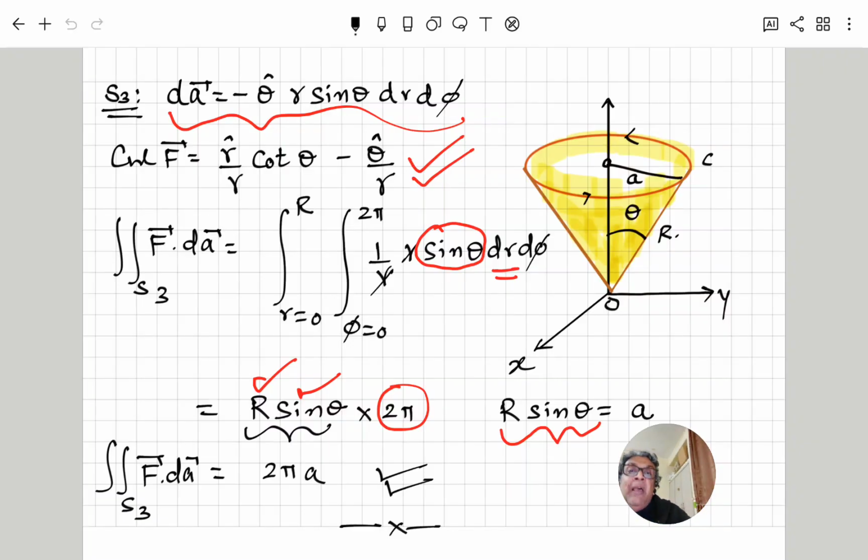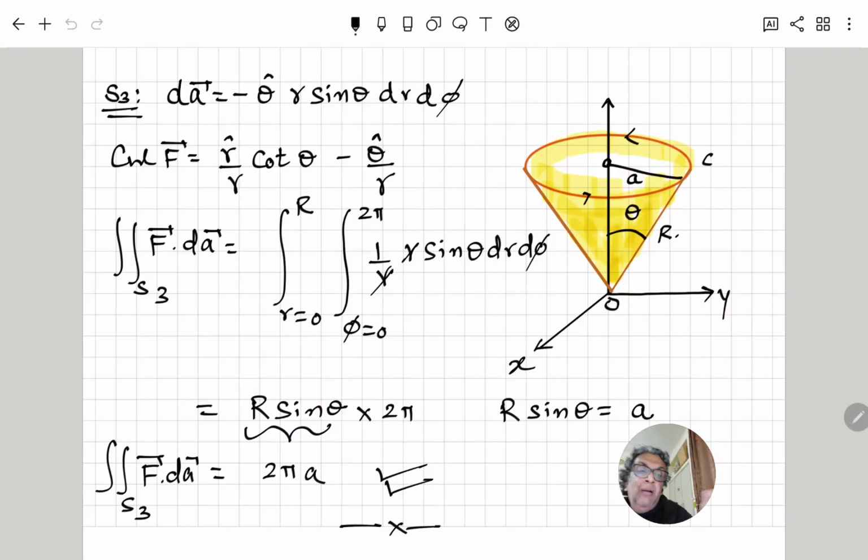So in this sense, we have taken a simple example of the unit vector of a spherical polar or cylindrical system, and by taking a variety of capping surfaces, we have appreciated that the non-uniqueness of the capping surface is one of the most striking features of this beautiful result of Stokes theorem.